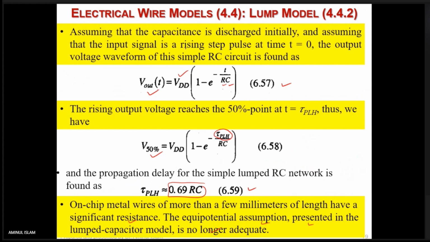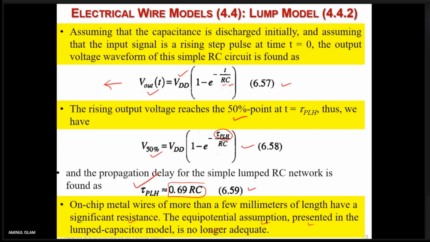And assuming that the input signal is a rising step pulse at t equals 0, the output voltage waveform of this simple RC circuit is this. This also we have discussed very recently in this lecture. So the rising output voltage reaches the 50% point at t equals tau, TPLH, low to high. Thus we have V 50% equals this expression, and we get 0.69 RC.